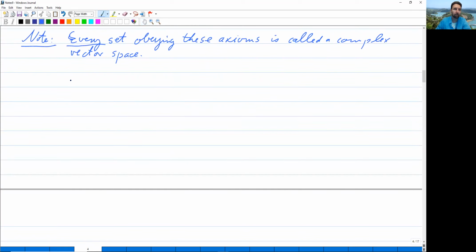So let me give you an example. What could be a set that is a complex vector space? Well, let's say H1, so we call it H1 just to give it a first name because we will have several examples. H1 is, let's say, the set of complex 3x2 matrices.